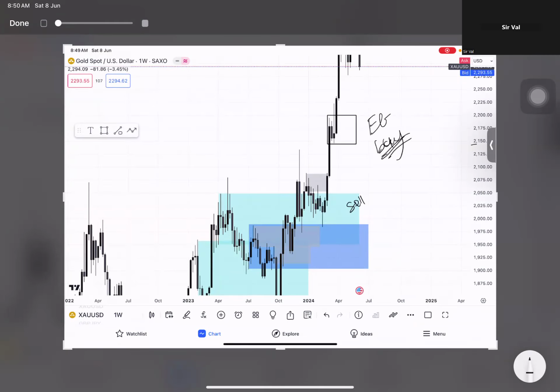I know they update. They sell, yeah, sell. But for me it is very clear for buying. Very clear for buying.